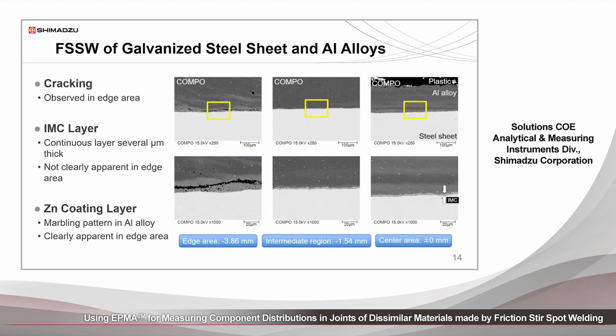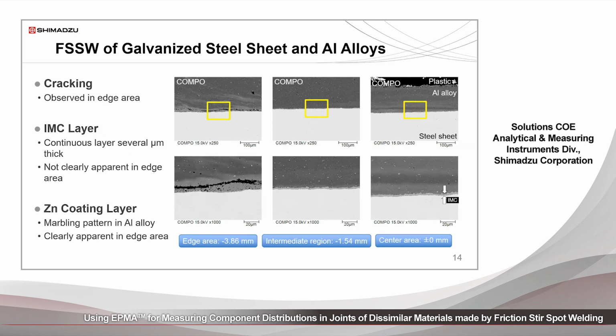The yellow boxes are a magnification that is represented by the second row of the PowerPoint slide. Again, at the top is the aluminum alloy, the bottom is the steel sheet, and in the center you can see the IMC layer that is formed as a result of the welding process.